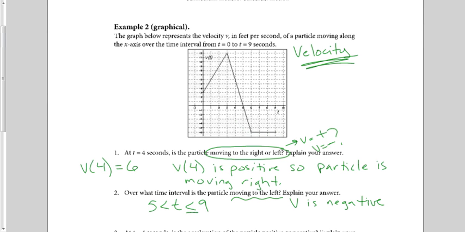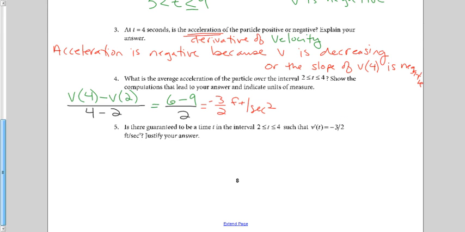And I'm going to go out on a limb and say between 2 and 4, which is right here, the answer to that is no. It's not differentiable at t equals 3 because there's a cusp, which means as long as my velocity is not differentiable, I cannot conclude that there's guaranteed to be an acceleration equal to negative 3 halves. So no, velocity is not differentiable at t equals 3 because of the cusp.